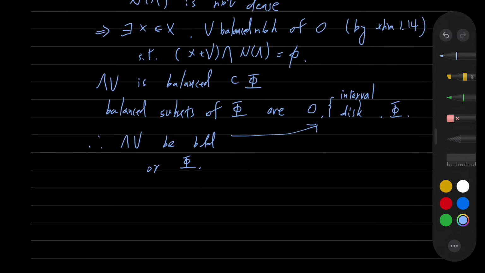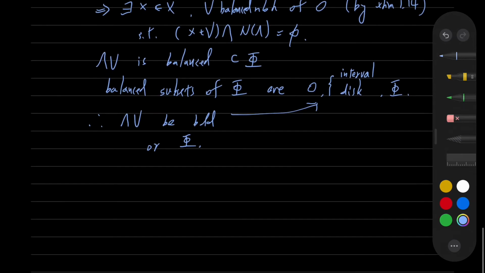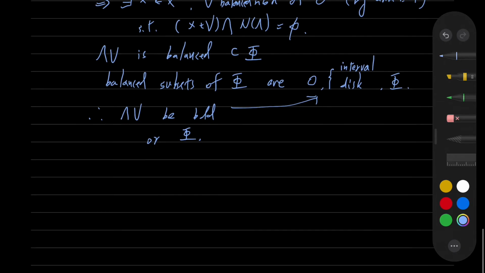If it is the first case, we're done. So let's prove that it's impossible to be the whole space.